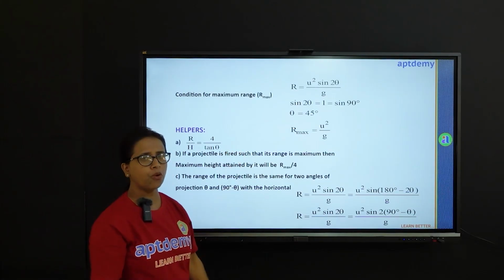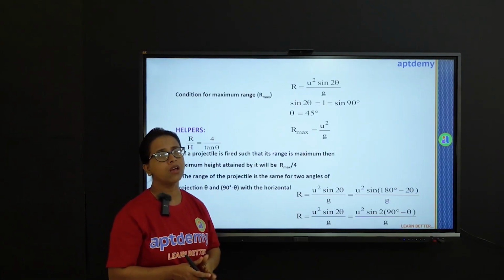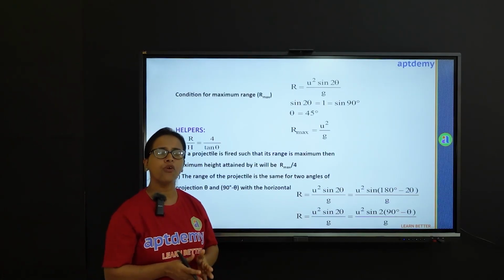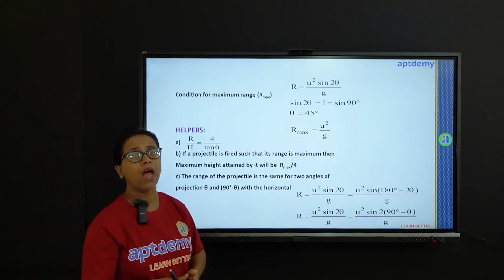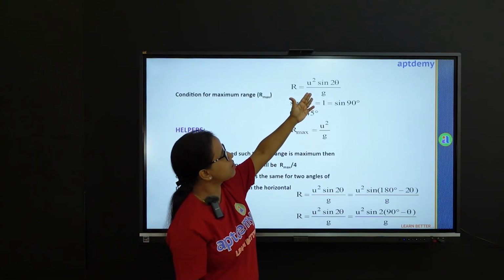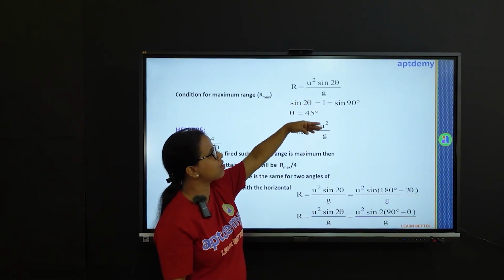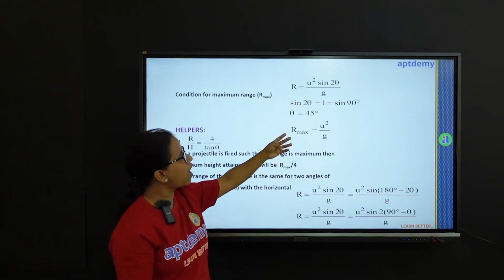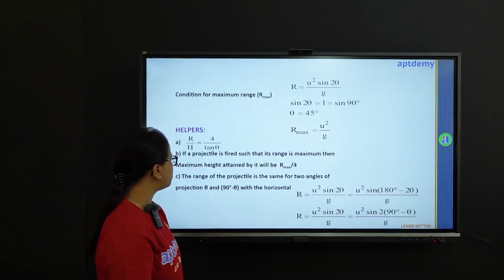So this is another important concept that you need to keep in mind. Whenever a projectile is projected at an angle of 45 degrees with the horizontal, its range is maximum. And what is the maximum value of range? You can simply put this in this equation. If theta is 45, then we have sin 90 equal to 1, and we get R max, or maximum range, as equal to u square by g.